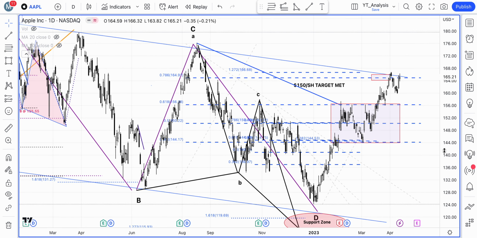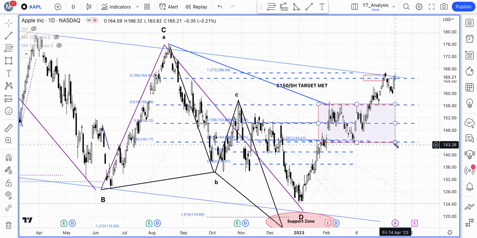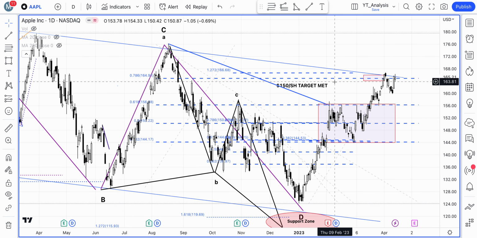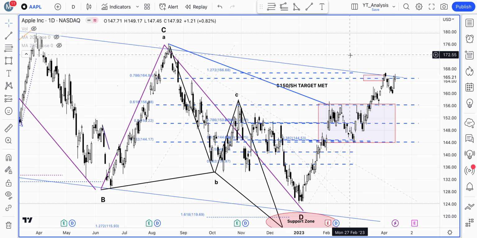What is also to note is that our initial target was about the $150 per share level, which was met quite a while ago, and then the market had been just moving in a trading range, and then it broke out of the trading range, and we had a higher target of about $165 to $166 per share level on the daily chart.